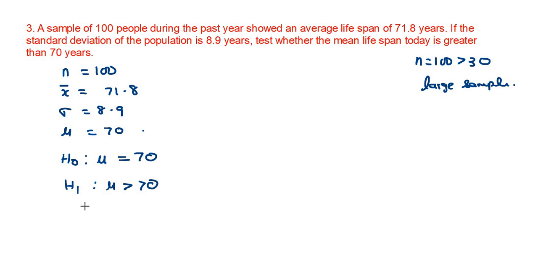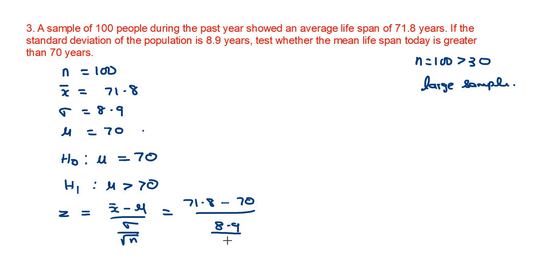Next, we'll go to third step. Write the test statistic formula x bar minus mu by sigma by root n, which is equal to x bar is 71.8 minus mu is 70 by sigma is 8.9 by root n is 100, which is equal to 2.02.